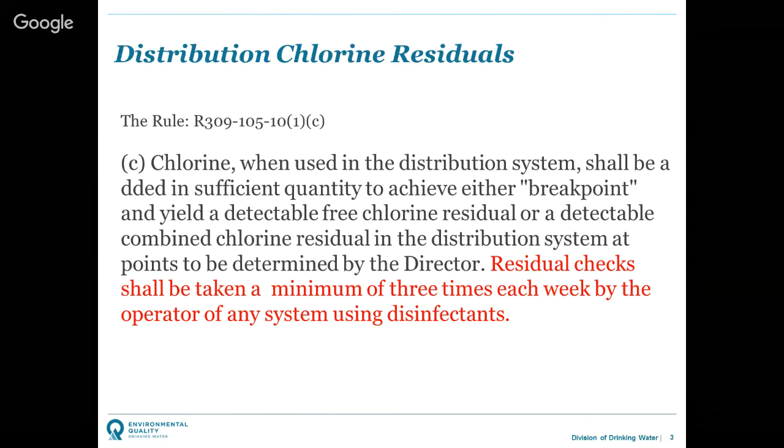And the part that you really want to pay attention to, in addition to having a measurable residual, is that if your system is adding or purchasing chlorinated water, these residual checks have to be taken a minimum of 3 times every week by the operator or somebody who's been trained on how to get these residual readings.